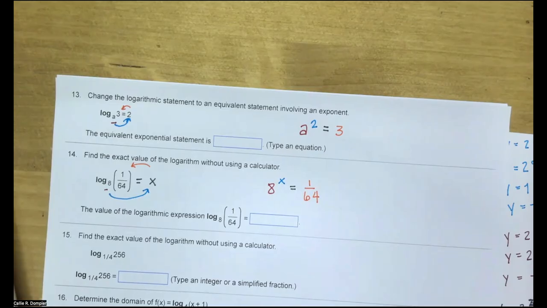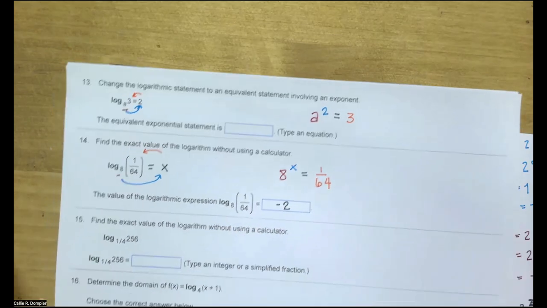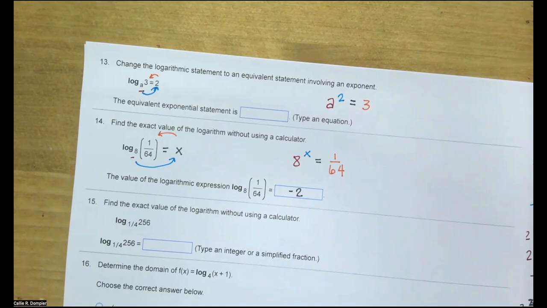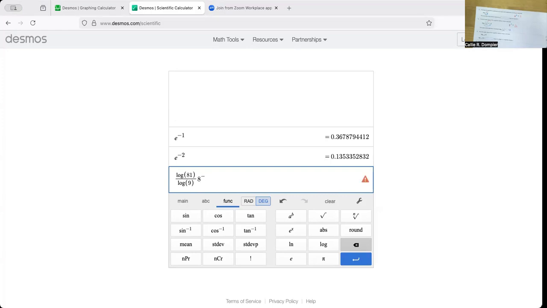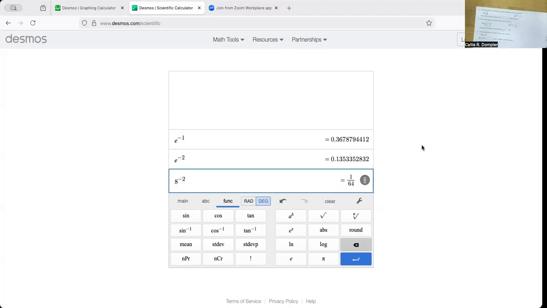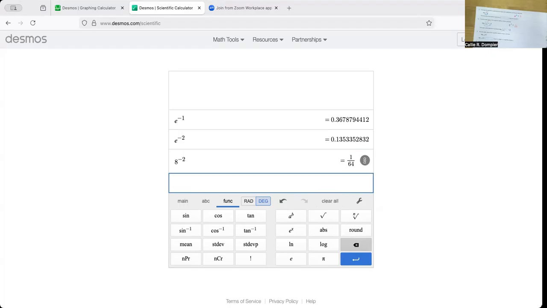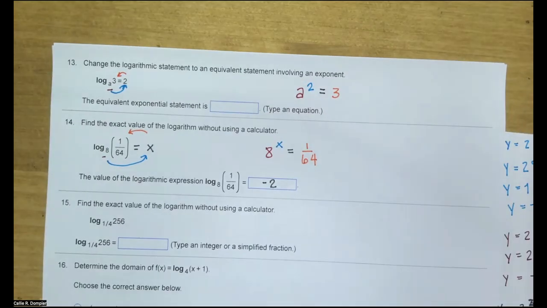And it is -2. 8 to the power of -2 is 1/64, because 8 to the power of 2 is 64. So the negative exponent is going to be 1 over that same number. Good.